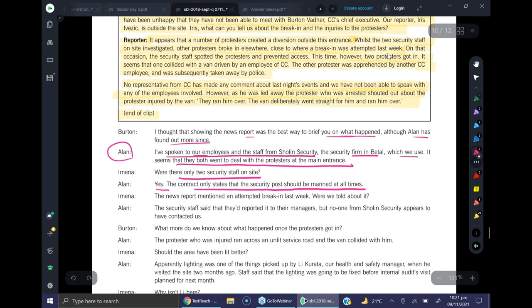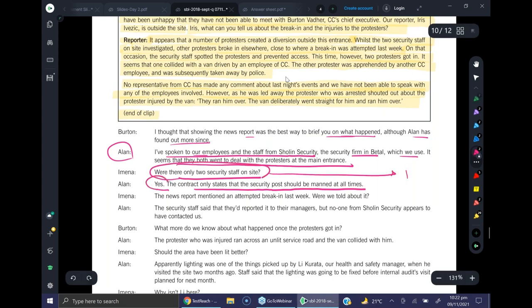So do you see any control problem here? Because we have to highlight the control problems. I will be talking about the reputational and ethical issues later, but let's first talk about the control problems. So Amina asked, were there only two staff on site, and it was confirmed by Alan.